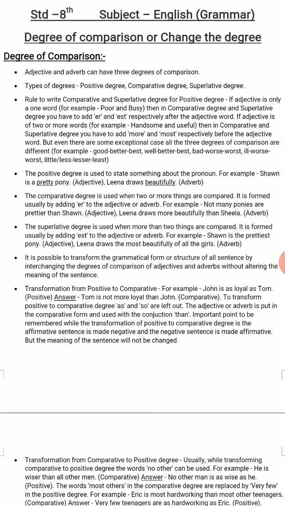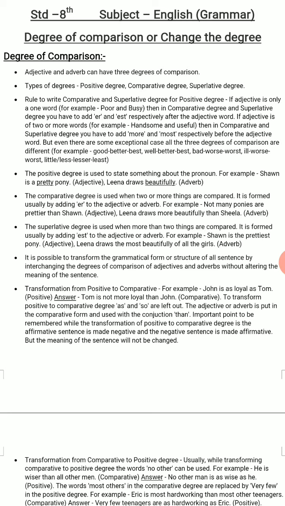For example, not many ponies are prettier than Sean. So here prettier is the comparative degree. Lena draws more beautifully than Sheila. More beautifully is the comparative degree. Let's go to the next point.